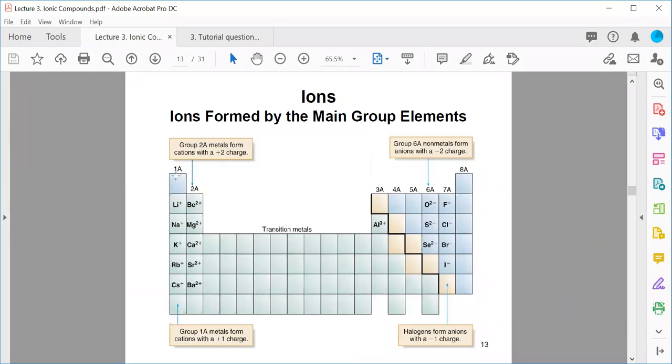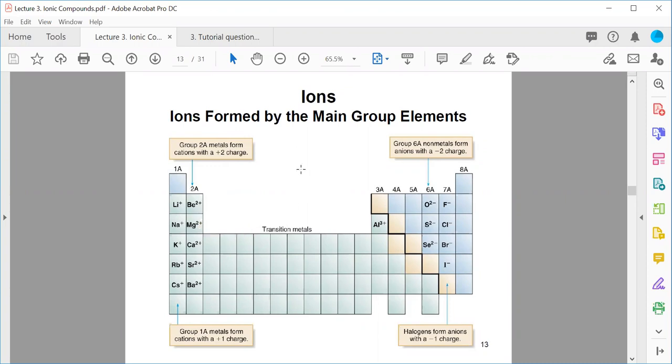Group 1A, +1 charge. Here we have the metals in group 2A. They also form positive charges. So here's the relationship between the group number, 2A, and the size of the charge, 2+. There's the relationship right there.